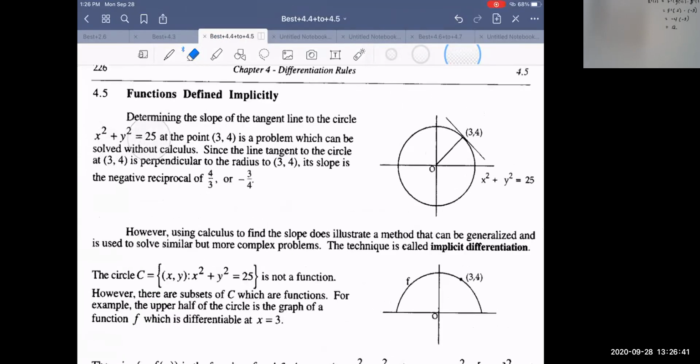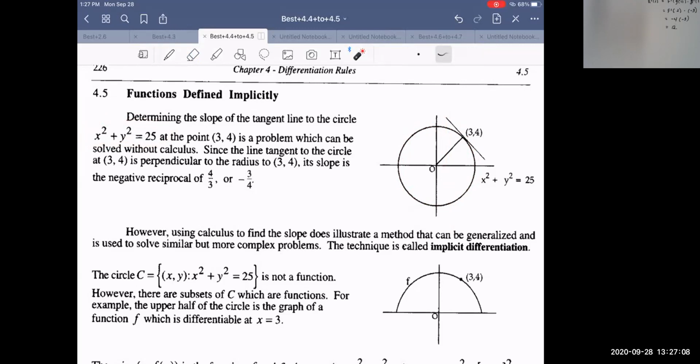So like this equation of a circle here, right? This circle is x squared plus y squared equals 25. And if you think about a circle, you know that a circle is not a function because it fails the vertical line test, right? A vertical line can pass through at most one point on the graph in order for it to be called a function. If it intersects more than once, then the graph is not of a function.